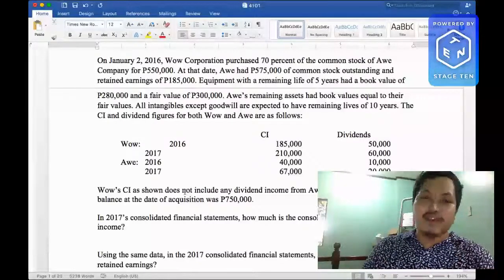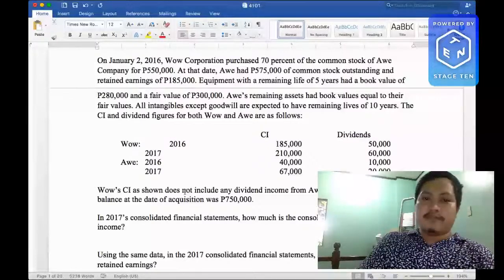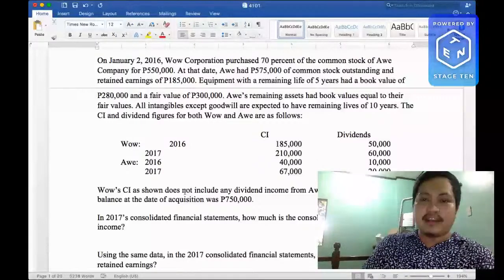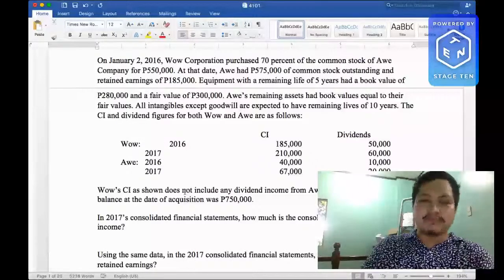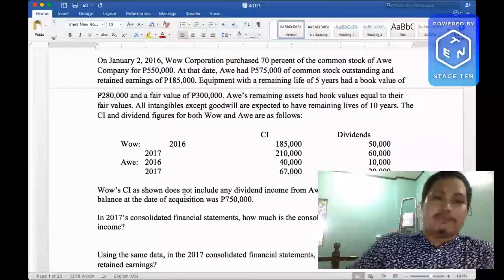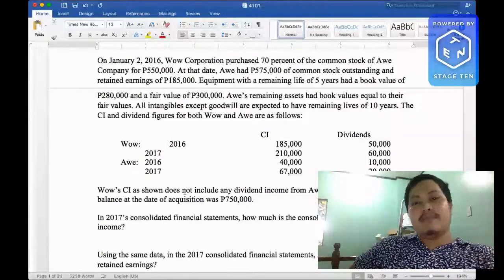And since there is no difference between the book value and the fair value, the valuation in the eyes of the subsidiary and the valuation in the eyes of the consolidated entity would be the same. Okay? The only problem here is with regard to one asset class, particularly an equipment with a life of 5 years.